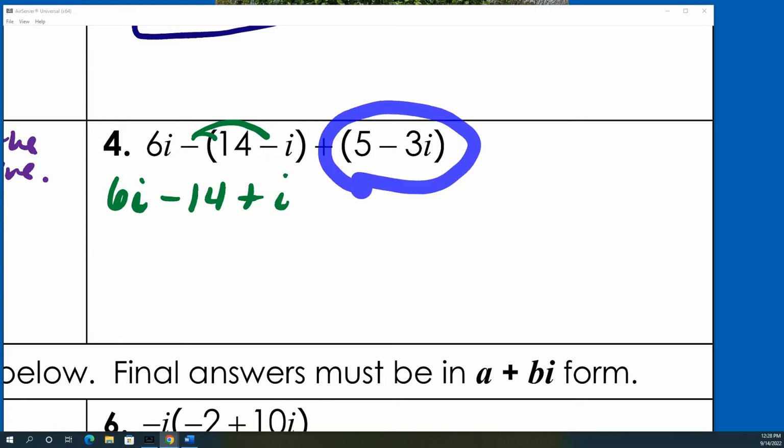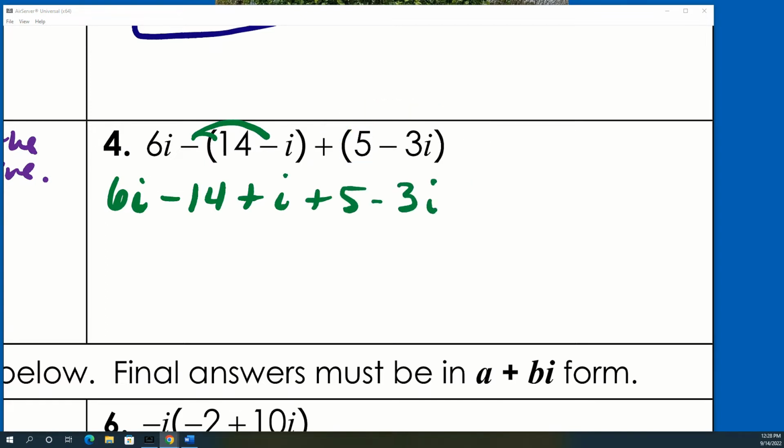Do I need to change anything in these parentheses? No. Good. Since there's a plus, we just drop it down like it looks. Right. And then we're going to combine the real part first. So negative 14 plus 5 is negative 9.